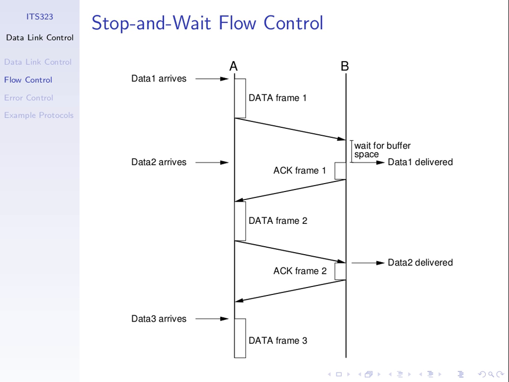Okay? So if we still have some free space in the buffer, we can immediately send back an acknowledgement, for example. So we send an ACK when we have enough space available to receive the next data frame. It depends upon the size of the buffer and the size of the frames.